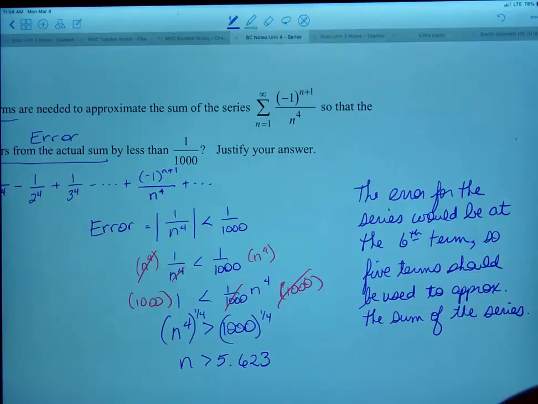If you don't quite understand, you could say that 6 terms would be needed, because n is greater than 5.6. If you don't explain yourself, that could be misconstrued as the wrong answer. That looks like how many terms should be added. No, that's the error term. So you've got to subtract one as far as how many you add together. Are we good on that? Yeah. That's it, guys.